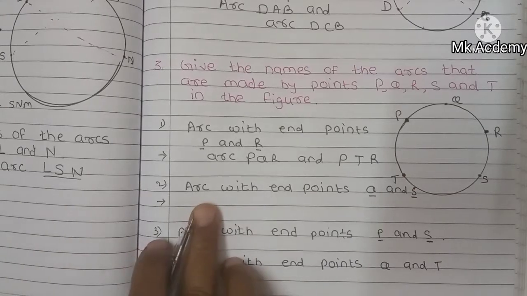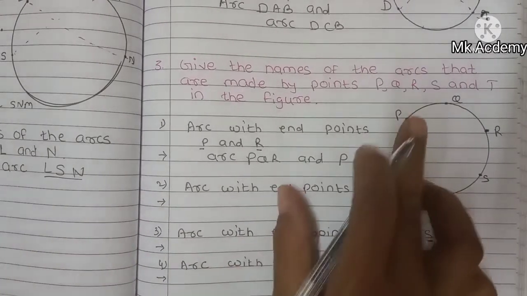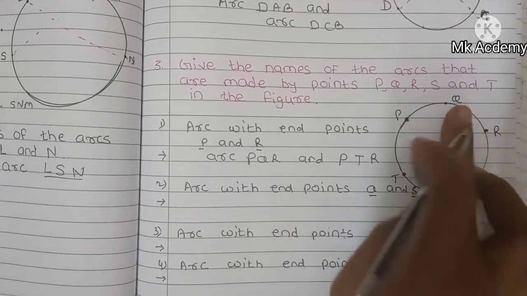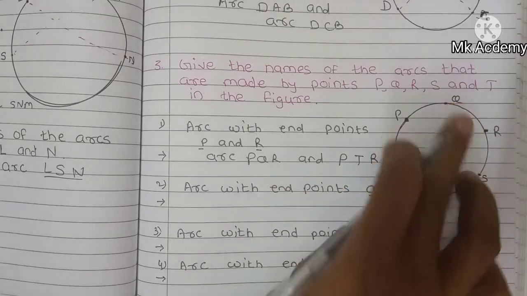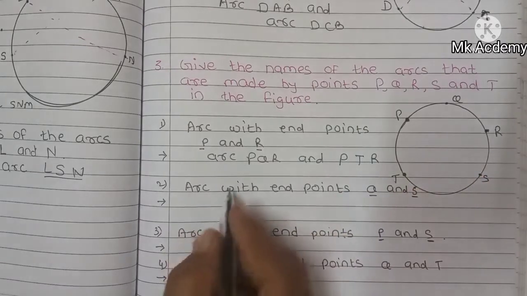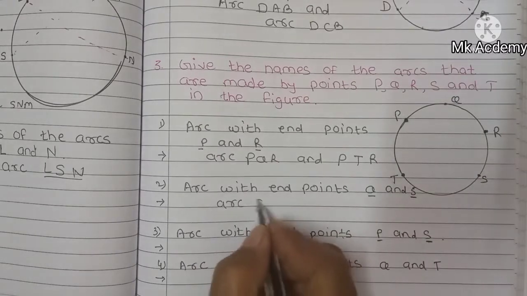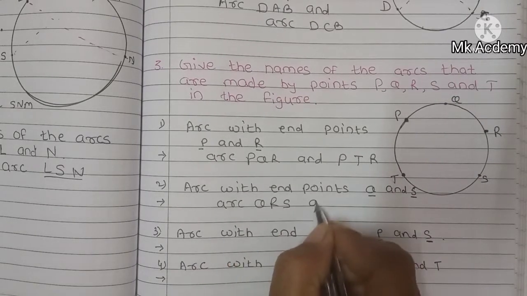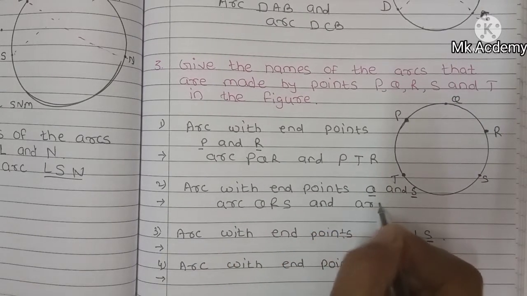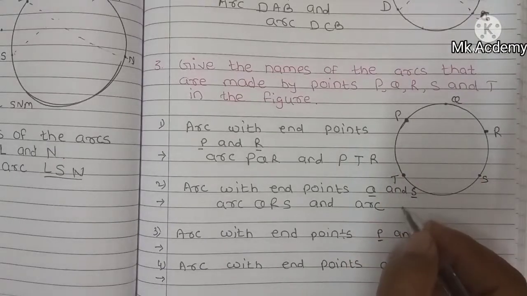Now arcs with end points Q and S. These are the two end points, Q and S. Then arc QRS and arc QTS.